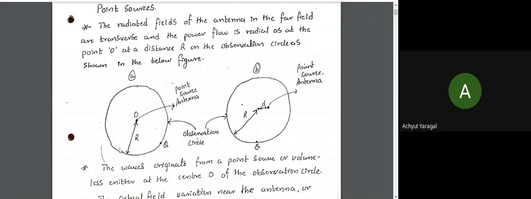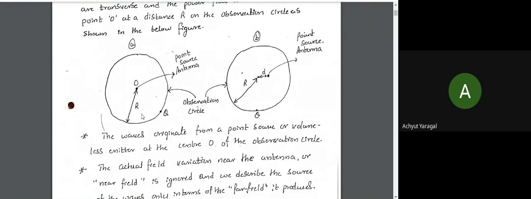On this circle there is a point called Q, which is the observation point on the circumference. At the center of the circle is where our point source antenna has been placed, and we label it O. R is the radius, the length between the center and the observation circle.